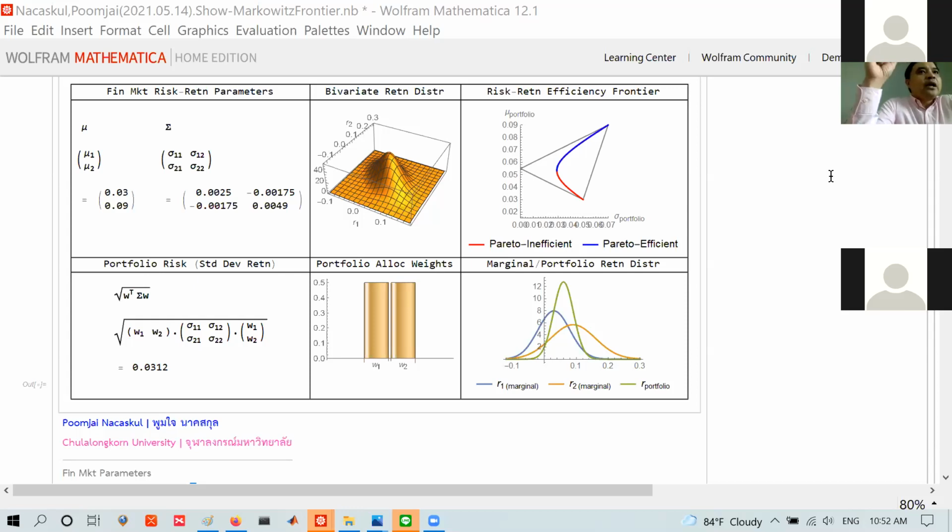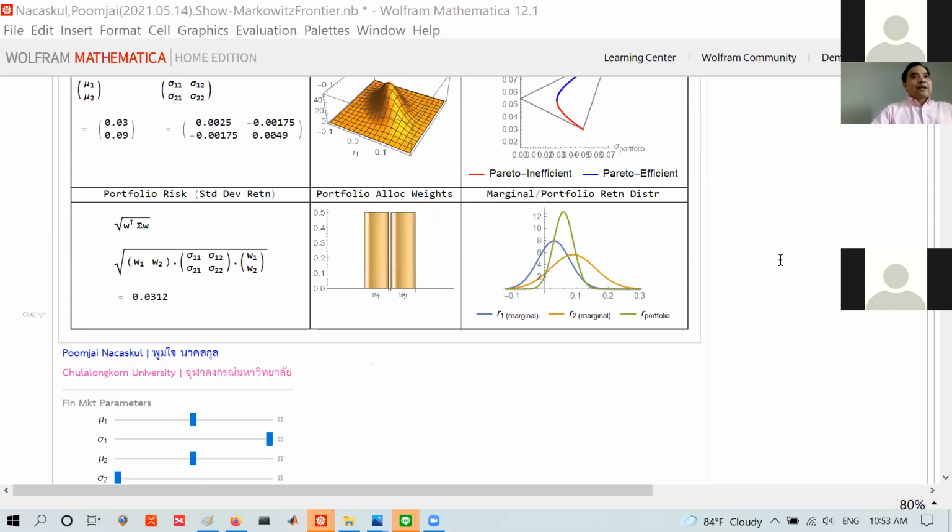Instead of having just one picture like this, I can have many pictures, and those pictures change according to different parameters. So instead of having one figure to represent a concept, you can have infinitely many, or multiple pictures.